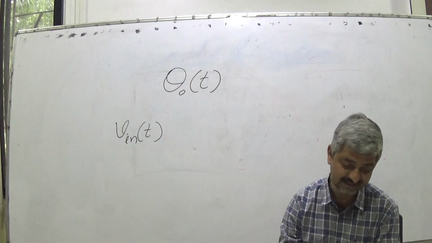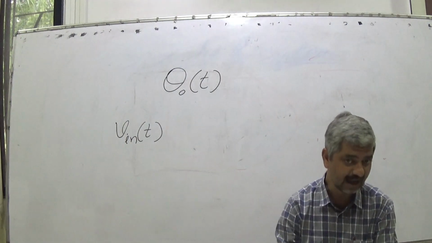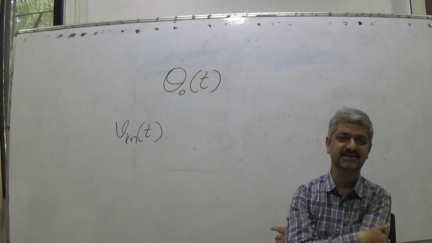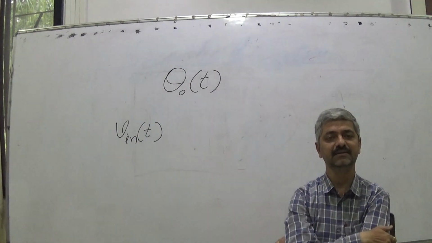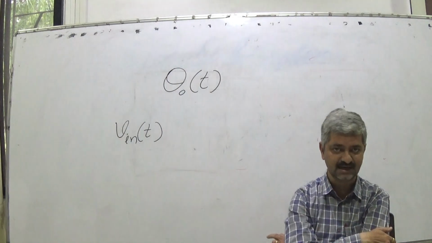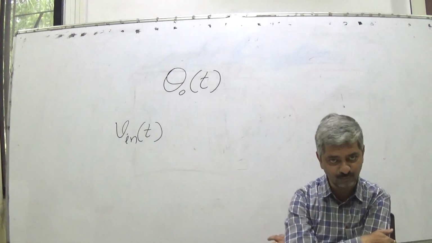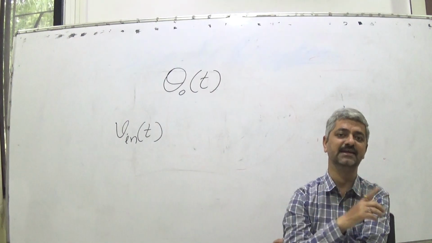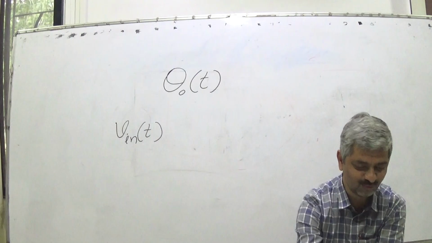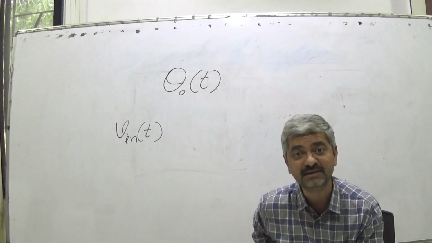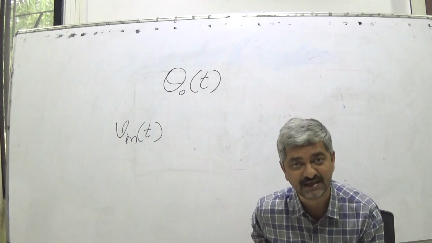So I said that I have adjusted the resistance of the voltmeter such that for 4.5 volts it should give me 45 degrees. So what is the voltmeter equation you can write?